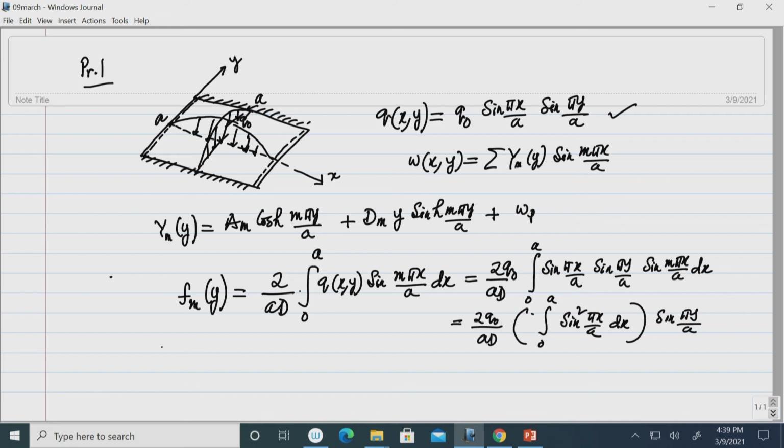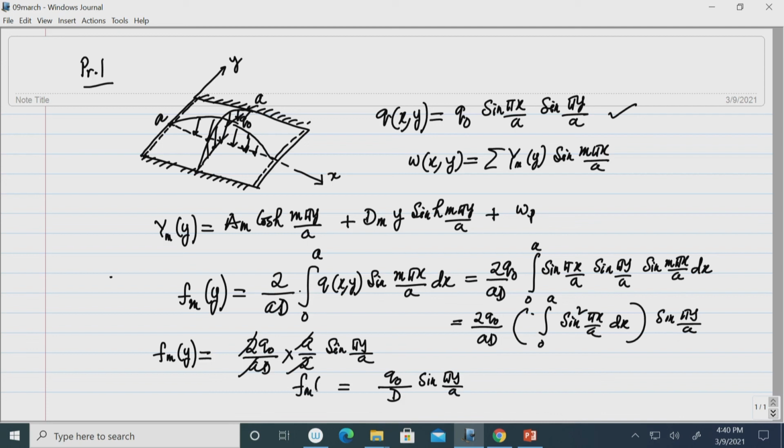So, ultimately you are getting f m y is equal to twice q naught a D into this will be a by 2 and sin pi y by a. So, this a will get cancelled, q naught by D sin pi y by a. So, this is our function f m y.